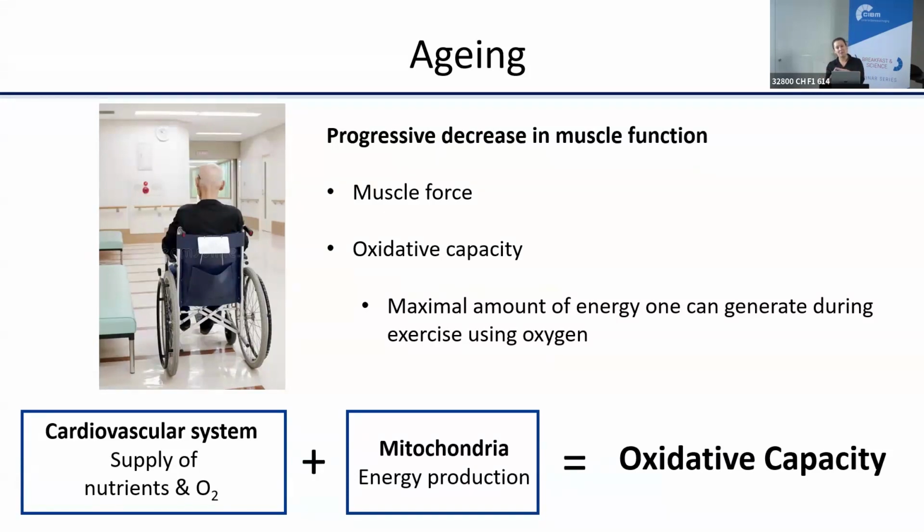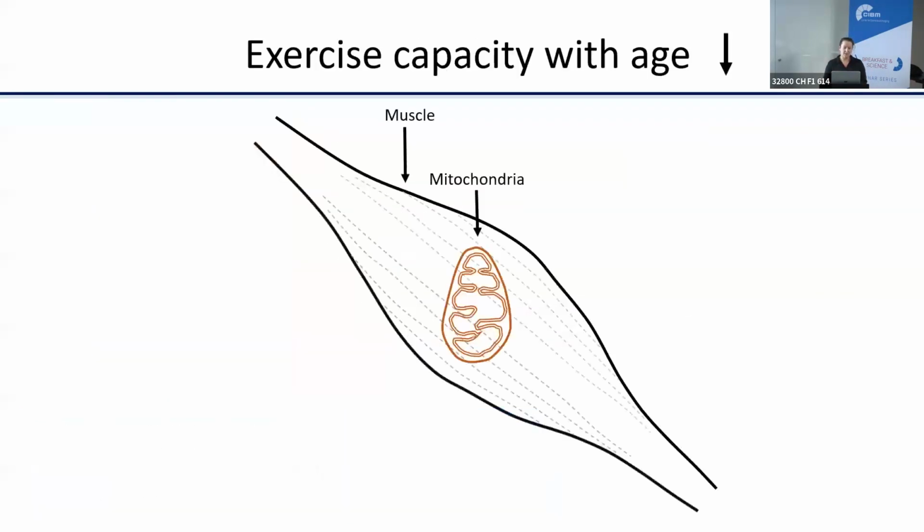And then within the muscle, you have the mitochondria, which use the supply of nutrients and O2 brought by the cardiovascular system towards the muscle to produce energy. And those 2 processes combined are very broadly and on a lower scale defined oxidative capacity. So we know that exercise capacity reduces with increasing age.